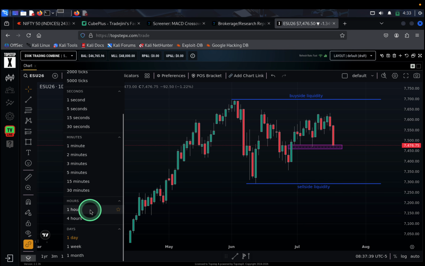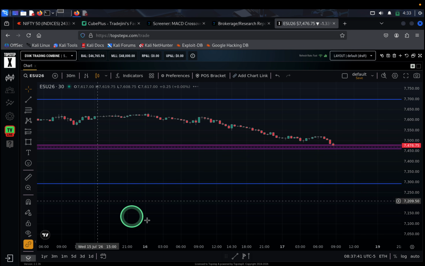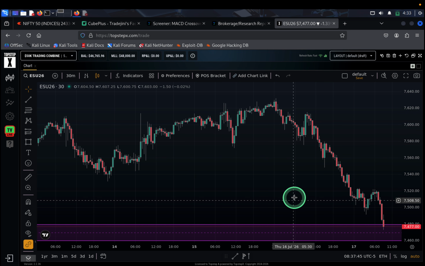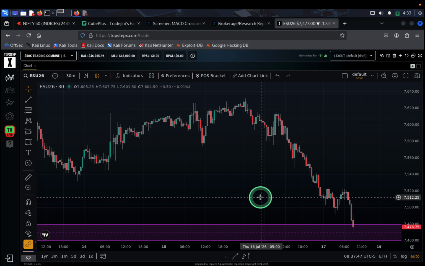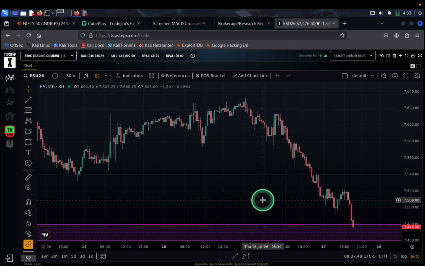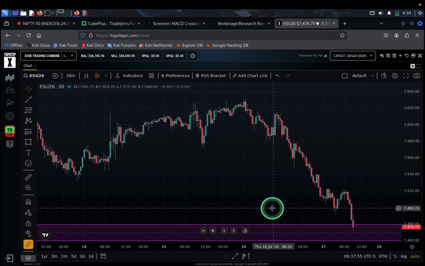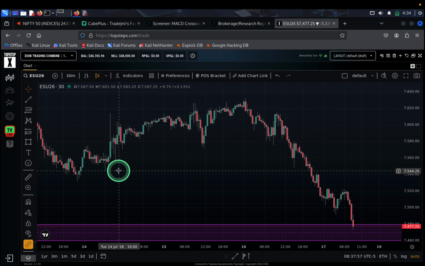This will be more visible to you if I go on to the 30-minute chart, and the middle line is about to face a rejection or an acceptance. There is another fair value gap formation.